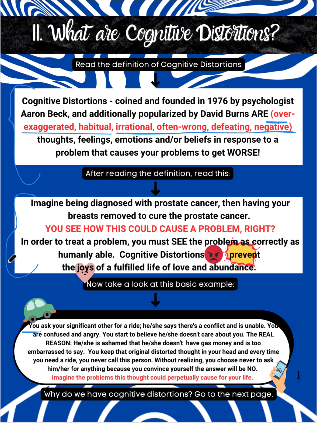So without realizing, you choose never to ask him or her for anything because you've convinced yourself that the answer will always be no. Okay, now imagine the problems this one thought could perpetually cause for your life. Something happened that was unfavorable, and automatically you start conjuring up reasons for why, without doing any kind of investigating.